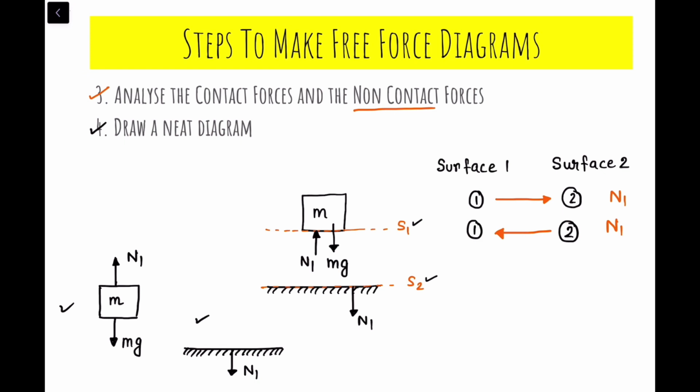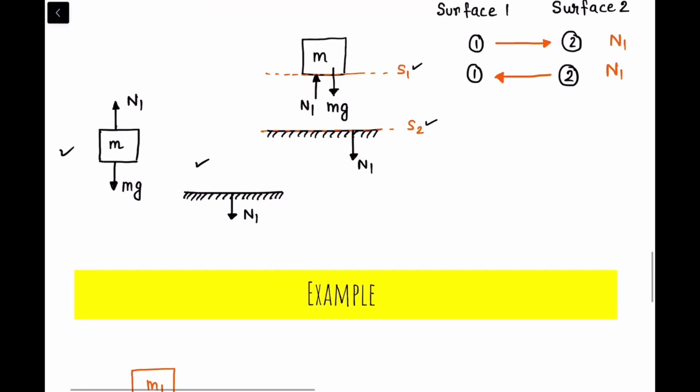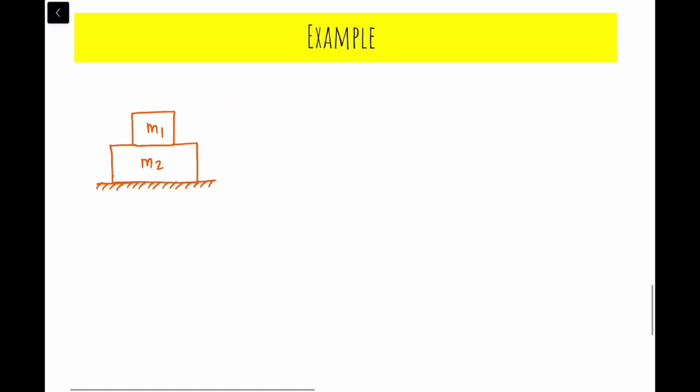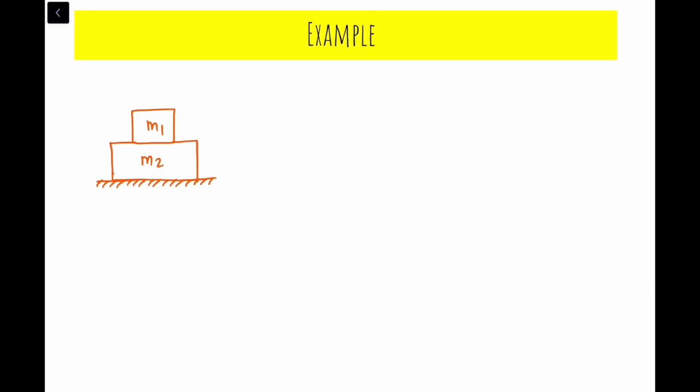This is a pretty basic example, so let's take one more example to boost your clarity. Suppose I have m1 and m2, and they are sitting on the ground. What was step 1? Very good, step 1 was to isolate all the bodies. Over here the bodies will be m1, m2 and the ground.